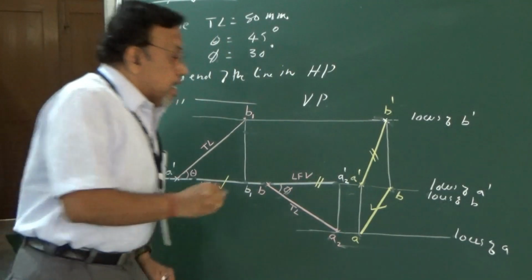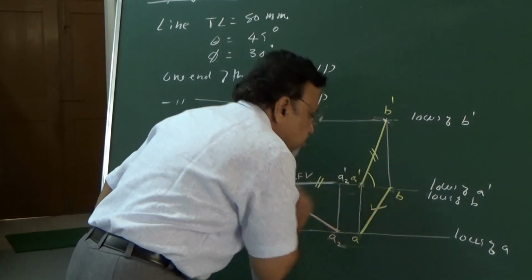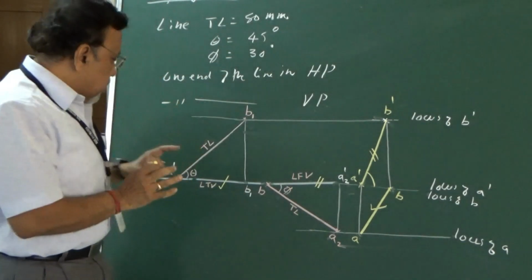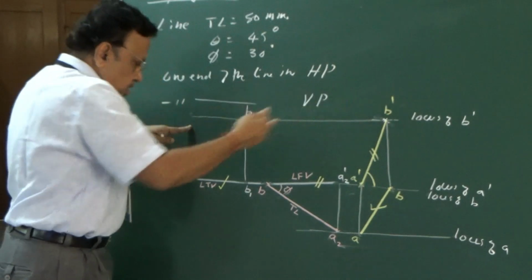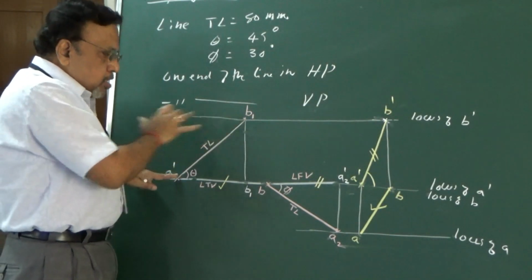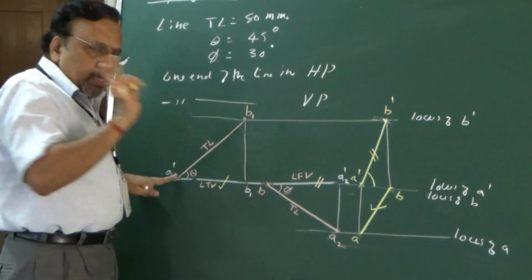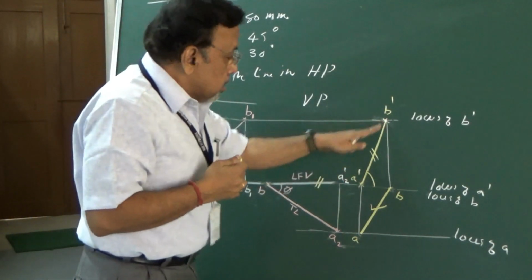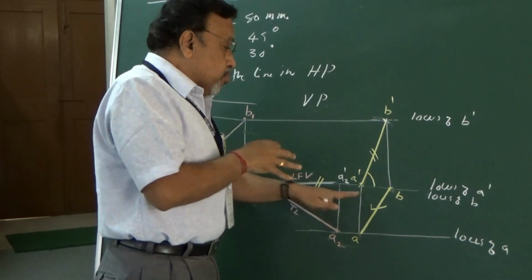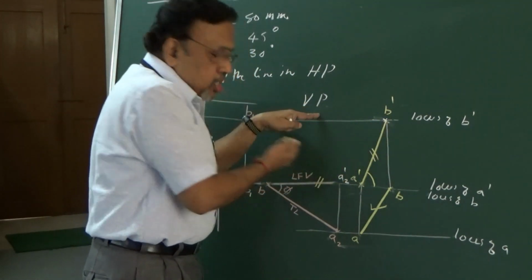Not only that, if I measure these angles, what about this angle now? Again see this. This is the locus of B dash, locus of A dash. This is TL. TL is actually the true length, which makes an angle of theta. Now what is this? LFV. And we are going to put this line with the same locus length only.